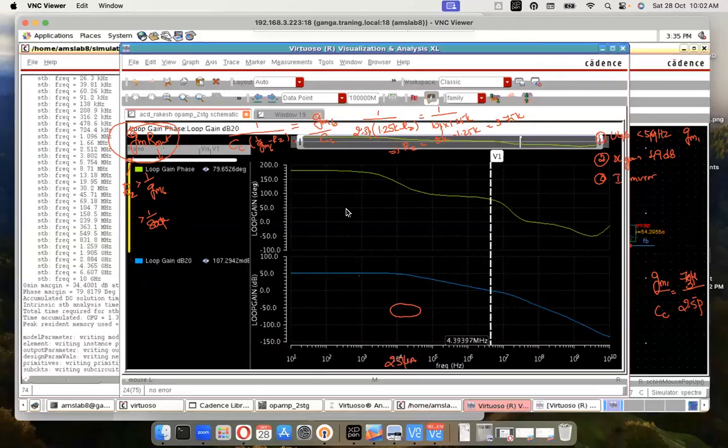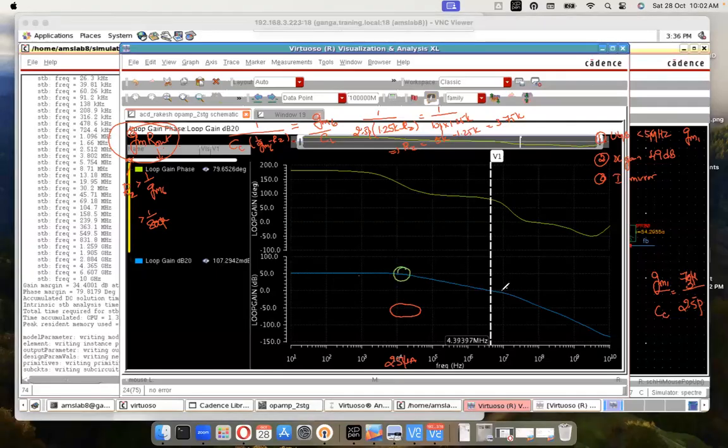Looks like it is a single pole system, but there is a pole here, there is a pole here, right? There are two poles. This should be a parasitic pole from somewhere, which you may be able to ignore for the time being.